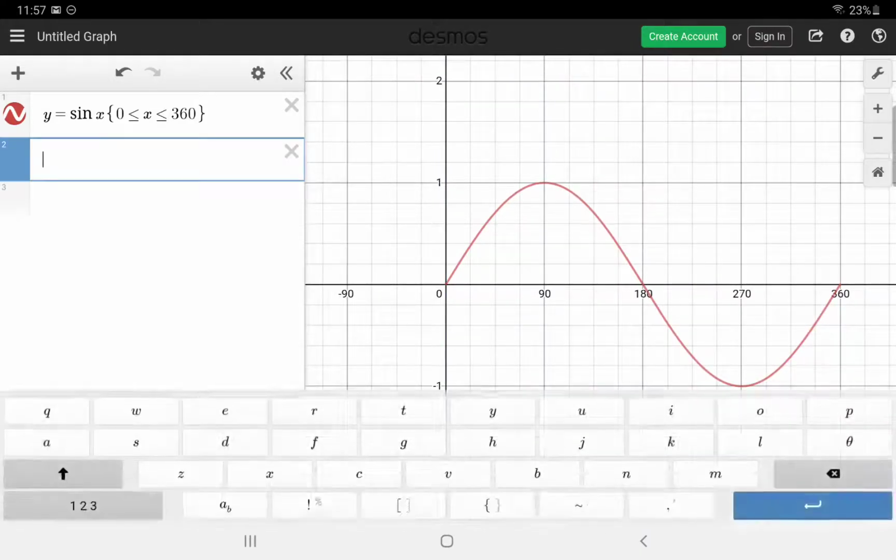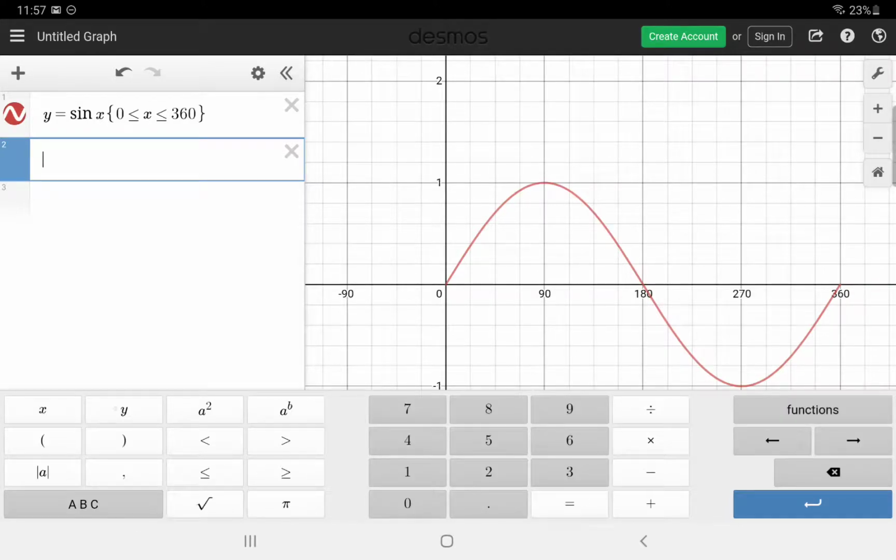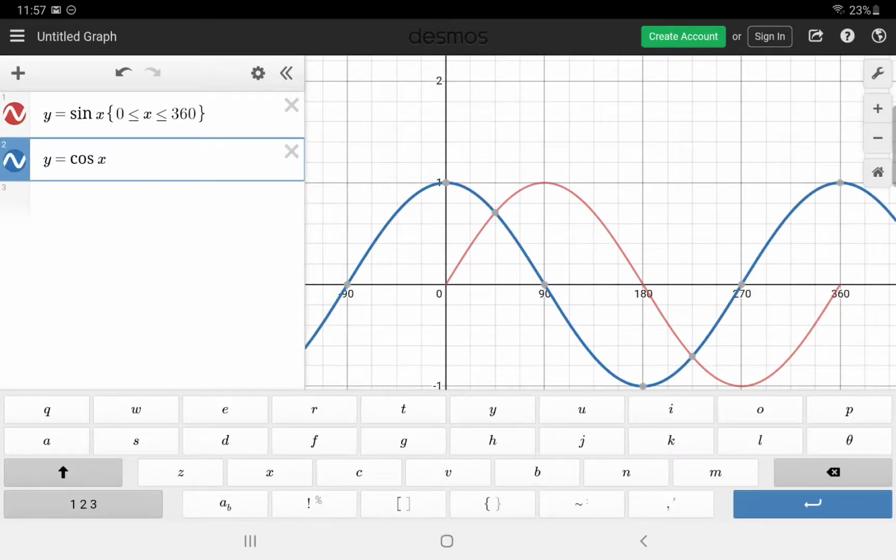Okay, and if we wanted to do cos, we could do the exact same thing here. We could go y equals, type in cos x, and I thought we could maybe copy that domain so we didn't have to retype it all the time. Maybe you have to retype it.